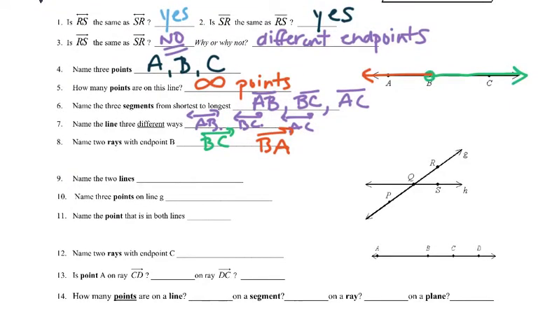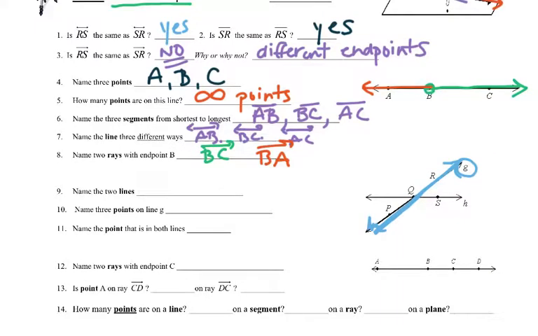Now we switch pictures again, we're almost done. Name 2 lines in this picture. Well, I see the lines here and I notice this little G. So I'm going to name my line using that G. This is line G, and I would actually write the word line G. And then here I would say is line H. Notice I'm not just saying G and H, but line G and line H. If I want to name 3 points on line G, that would be P and Q and R. And then it's asking what point is in both lines.